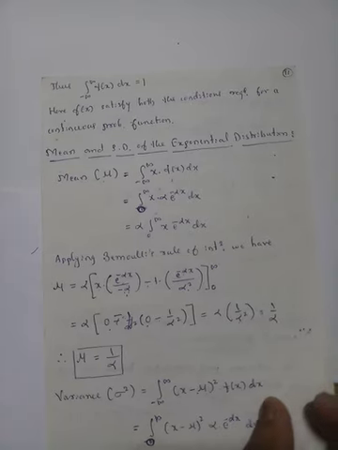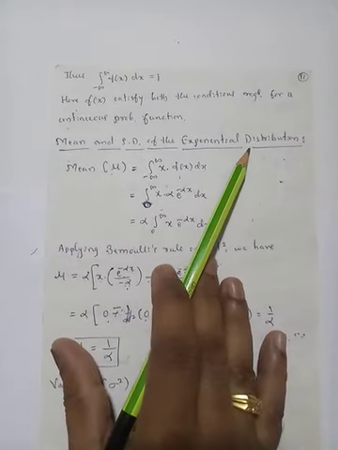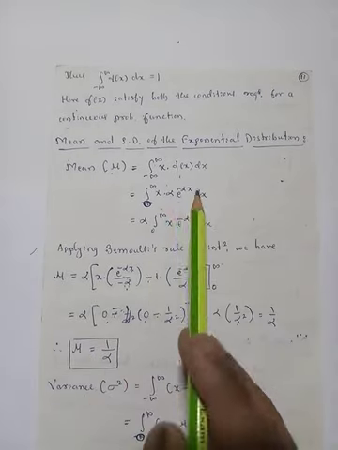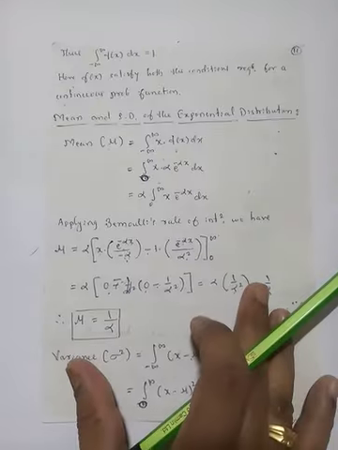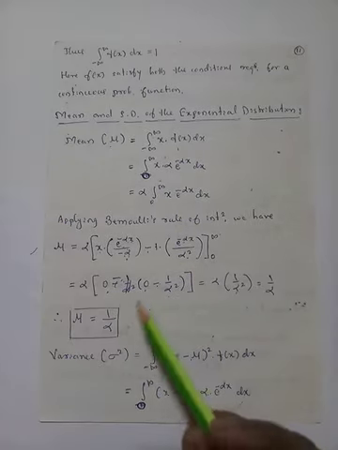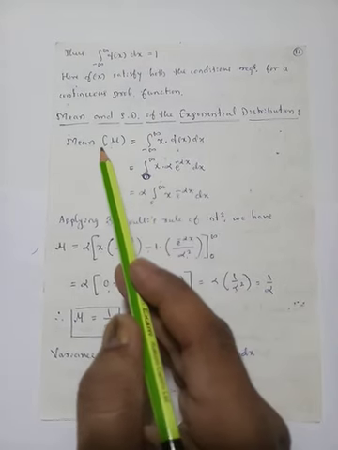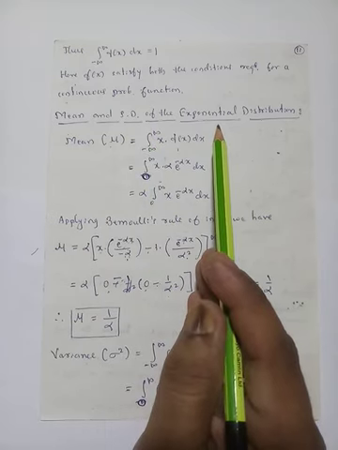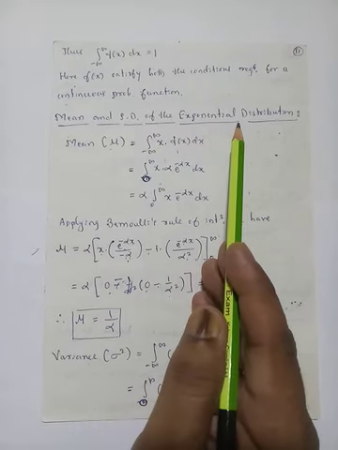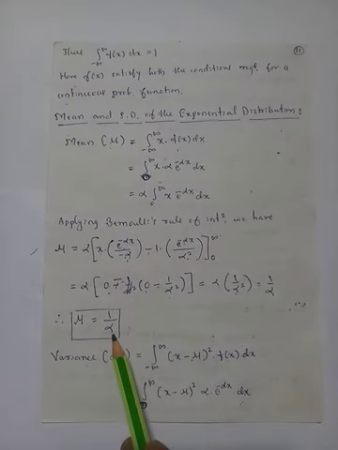Now we are going to see the mean and standard deviation of exponential distribution. There is a derivation, but according to the syllabus, we do not have the proof of the mean and the standard deviation. You just remember the results. The mean of the exponential is given by 1 by alpha.